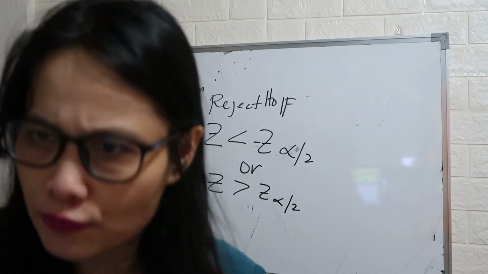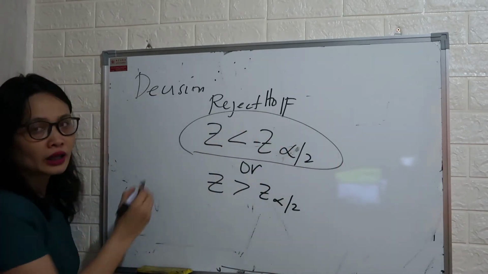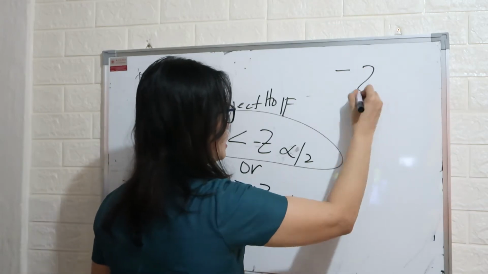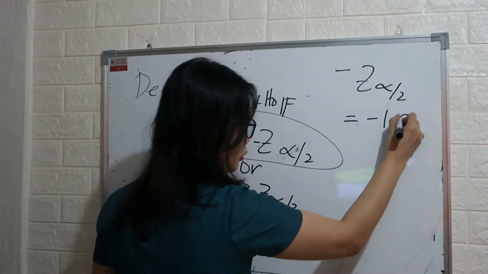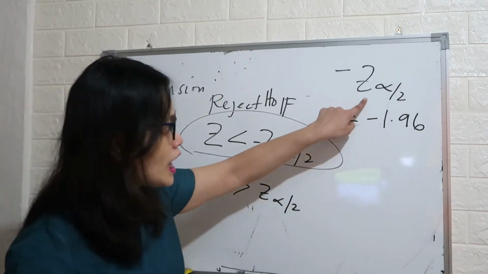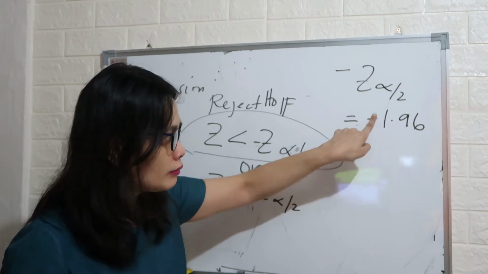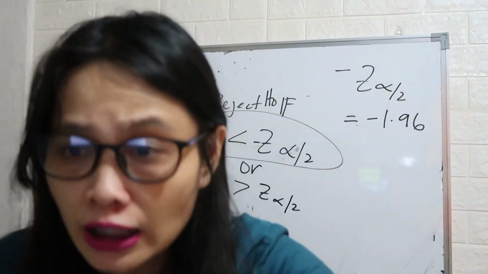Now, since the given is negative, we can use this. Your z value is negative, meaning your negative z alpha over 2 will become negative 1.96, because your z alpha over 2 is 1.96. So you need to compare your negative 2.94 to negative 1.96.